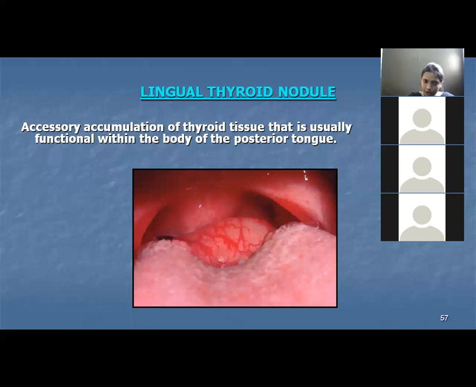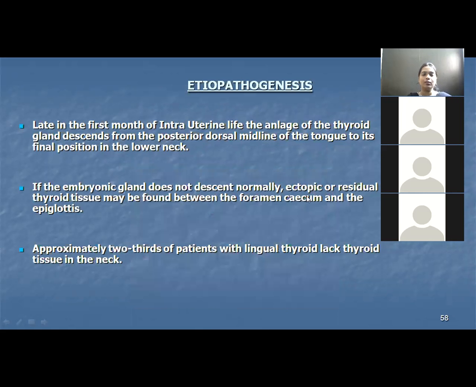What is the location of the lingual thyroid nodule? It is located on the posterior part of the tongue, and it is an accessory accumulation of the thyroid tissue. Why is it formed? What is the causative factor for a lingual thyroid nodule? What is the etiology? Late in the first month of intrauterine life, the anlage, meaning the remnants of the thyroid gland, descends from the posterior dorsal midline of the tongue to its final position in the lower neck.